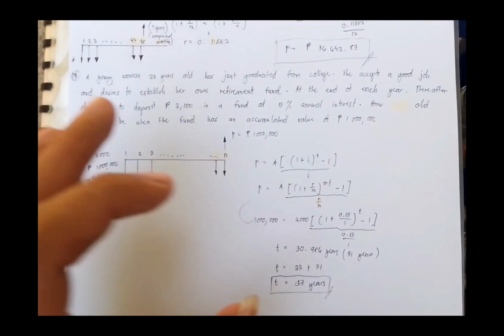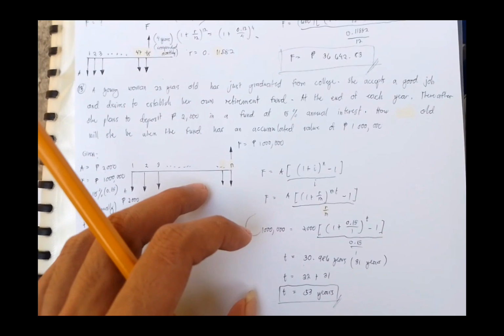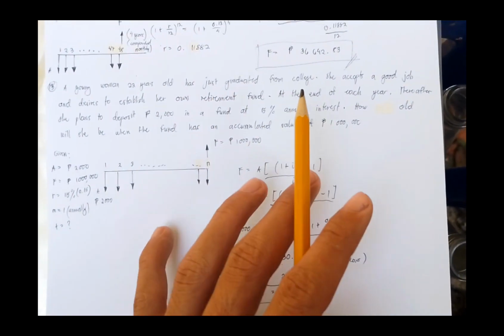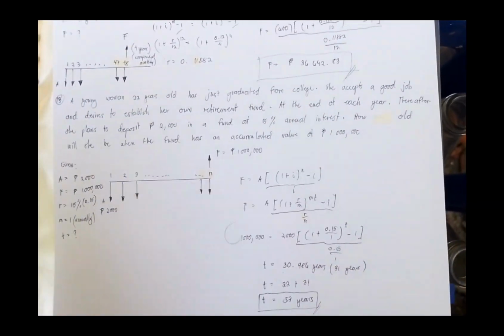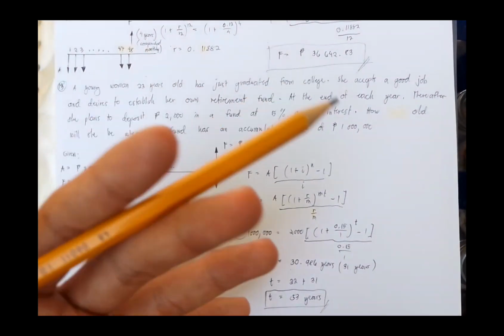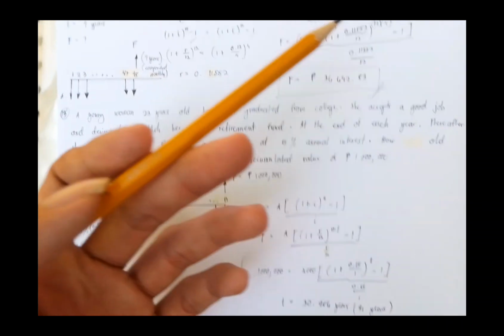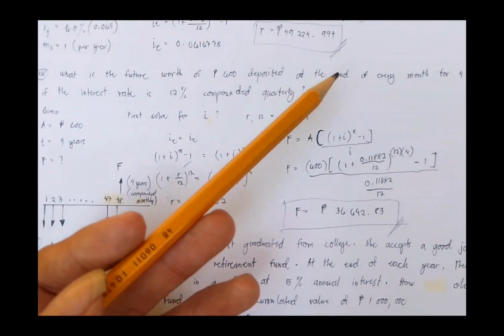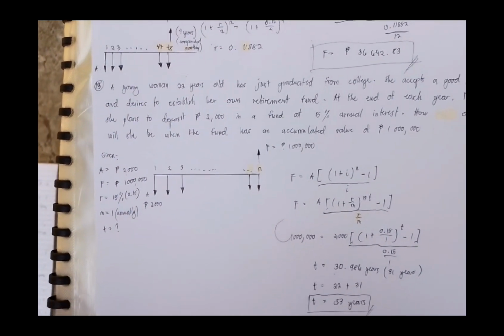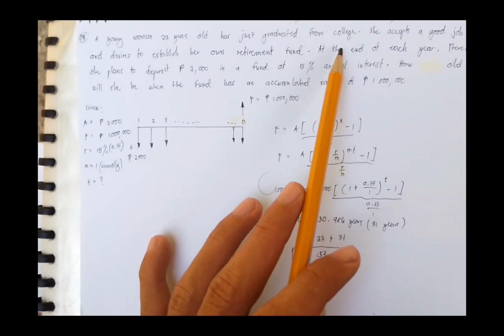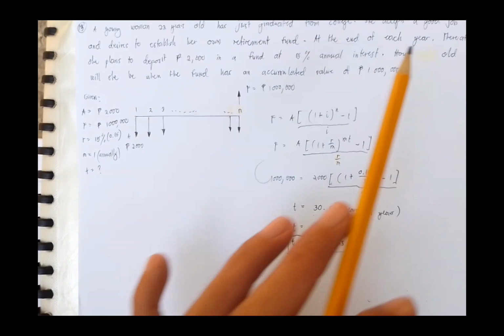Now, do we have a clue here? At the end of each year, or an ordinary annuity is at the end of each period. So this is the same, just like the earlier problem, at the end of every month. So this is an ordinary annuity.